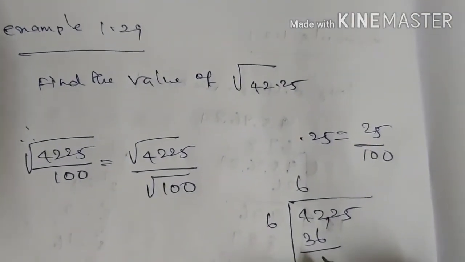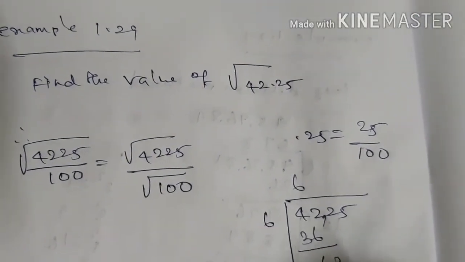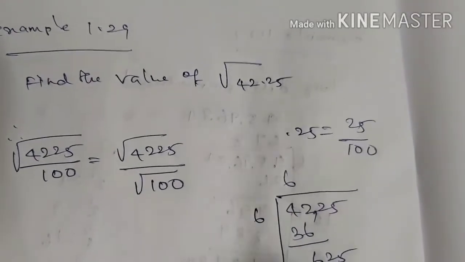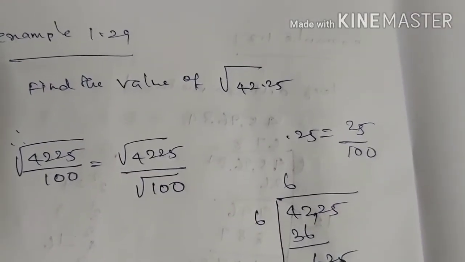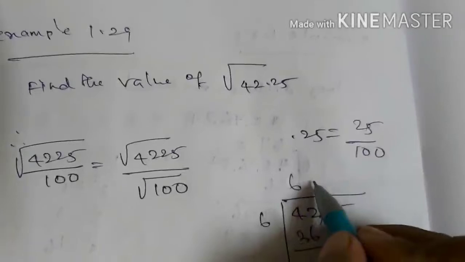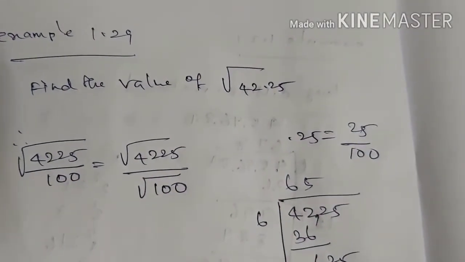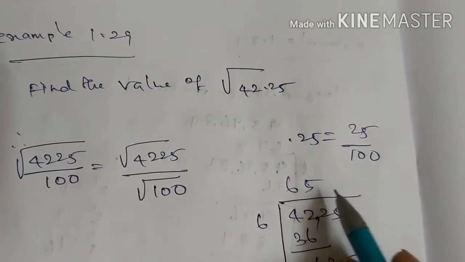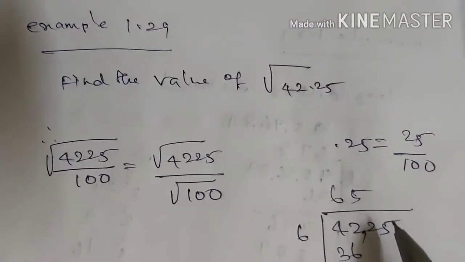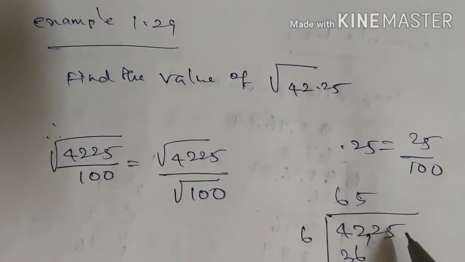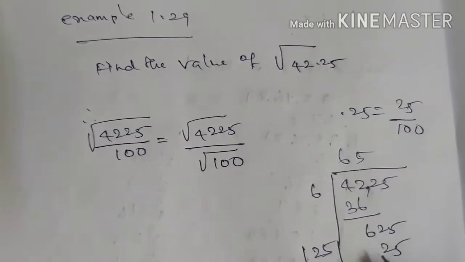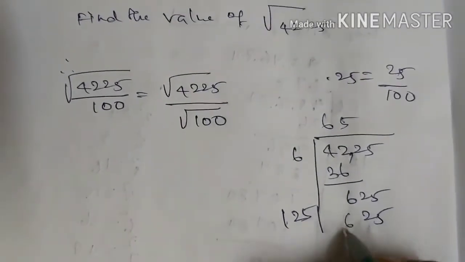With the remaining 25, 6 again multiplied is 12. So 5, definitely the 5 table only. So 5 into 125 is 625. So the answer equals 65. So 65 by root of 100, which equals 10, an easy value.